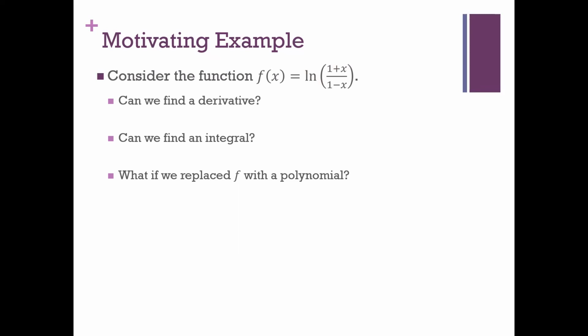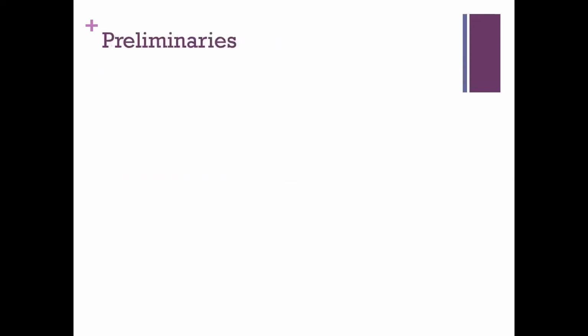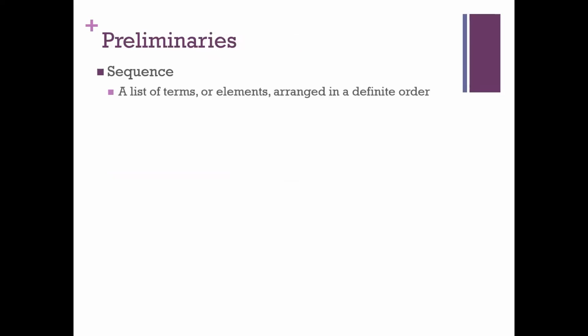I would love to find a way to turn any continuous function into something like that. That's what we're marching towards: series that allow us to write polynomials that look like that. So, our sequence and series things we've talked about before.